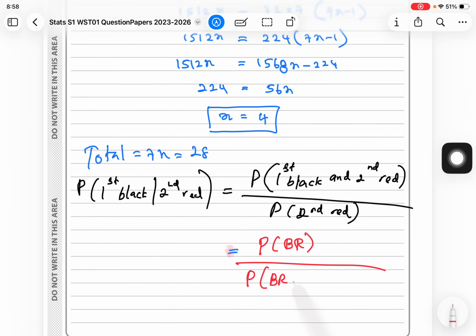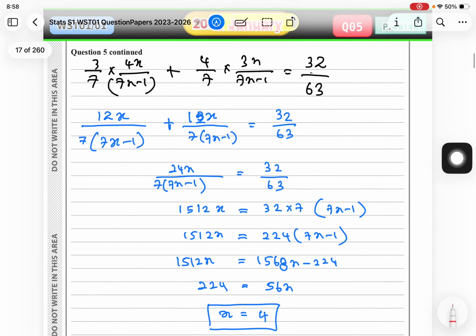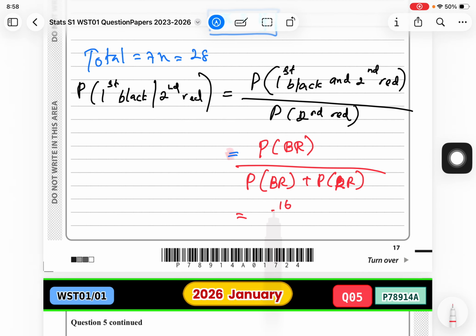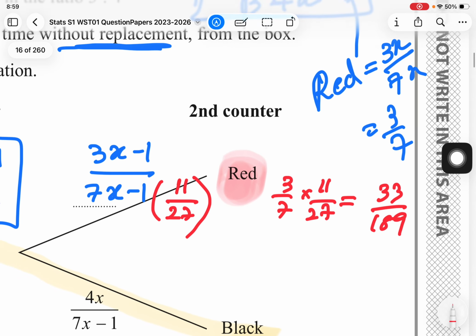We don't mind the black and red, and also we don't mind the red and red. The black and red scenario was only 16 divided by 63, divided by 16 divided by 63 plus 33 divided by 189, which is also 11 divided by 63, the simplified version.